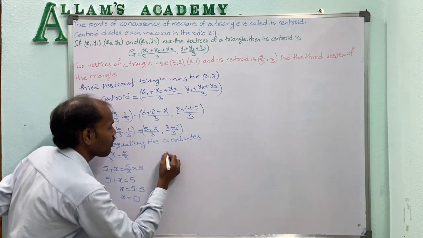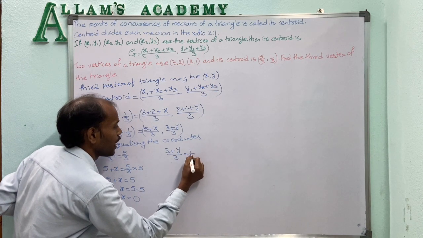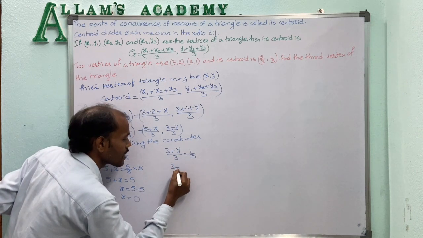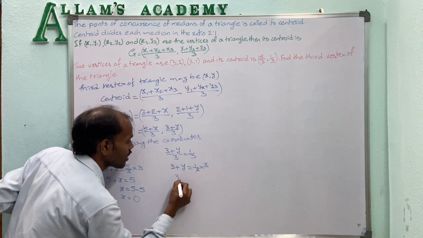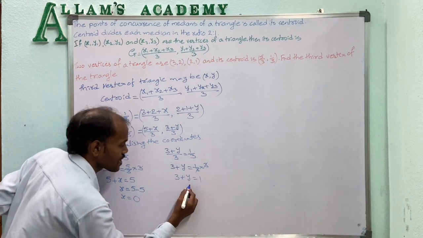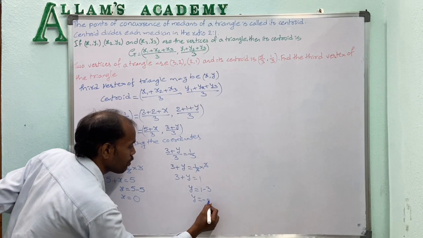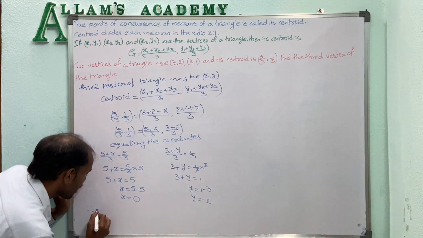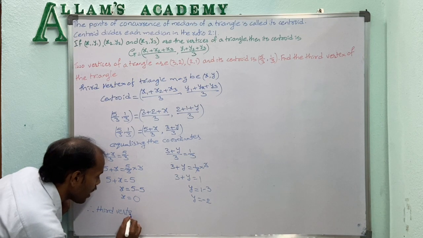Now equalizing the y coordinates, (3 + y)/3 equals 1/3. The denominator 3 transfers to the RHS, multiplying 1/3 into 3, the 3 gets cancelled. So 3 + y is equal to 1. Now this +3 on the LHS transfers to the RHS as -3. 1 - 3 is equal to -2. So the y coordinate is -2. Therefore the third vertex of the triangle is (0, -2).